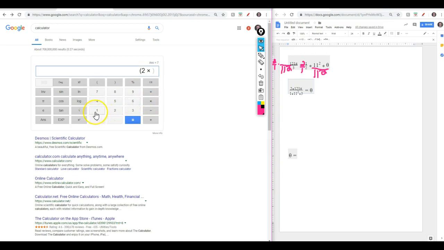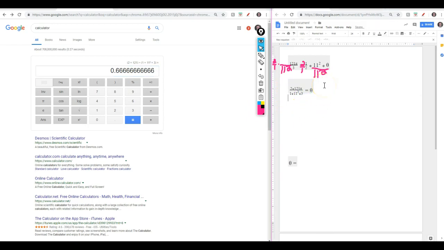So I have 2 times 121 divided by, parentheses, 1 times 11 squared times 3, and that equals 0.66666 repeating, which, since I know this, I will share it with you, is 2/3. So it comes out to be 2/3.